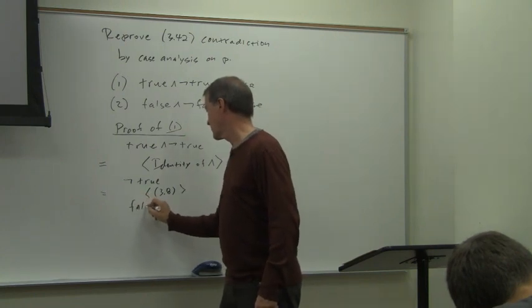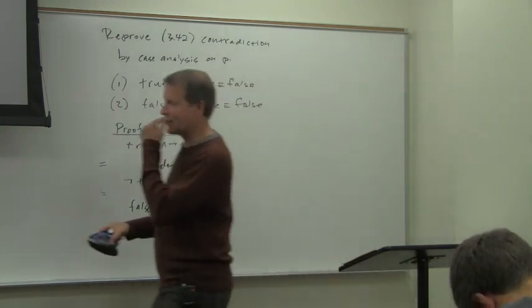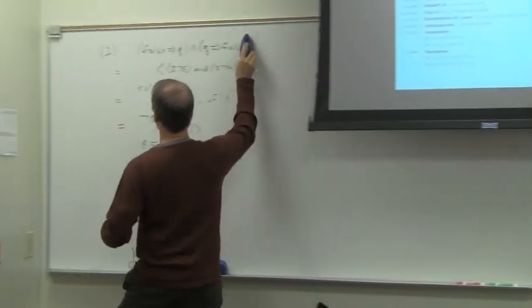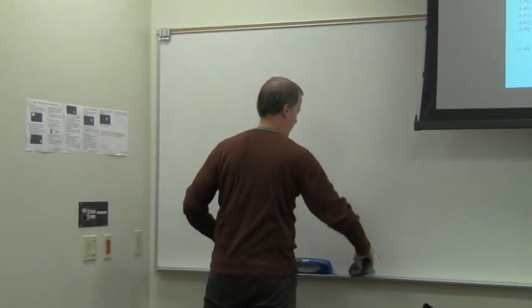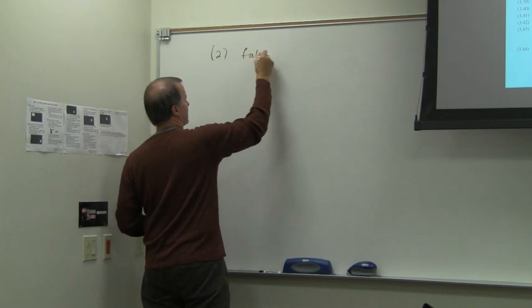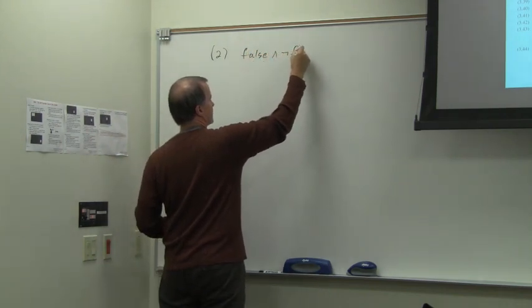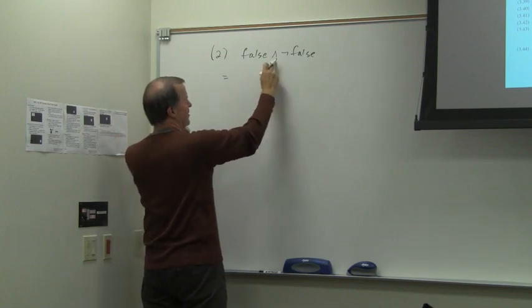Okay, and we've done that one, right? And the other one is what? False and not false. I think this is the same kind of thing, because here we have the identity.